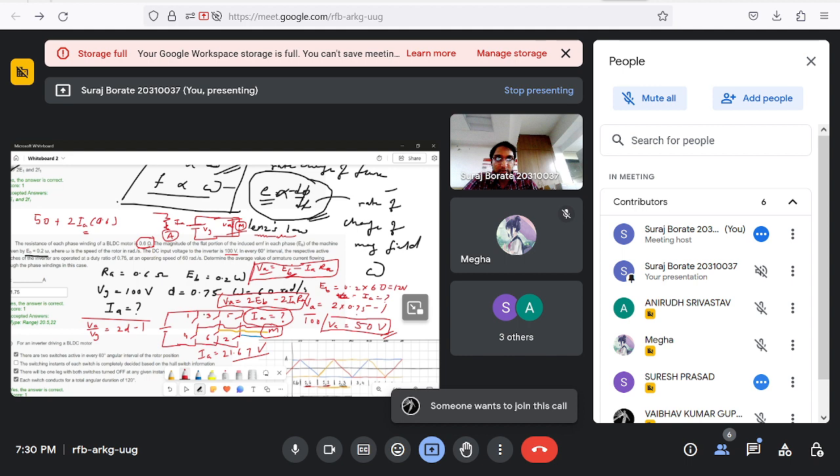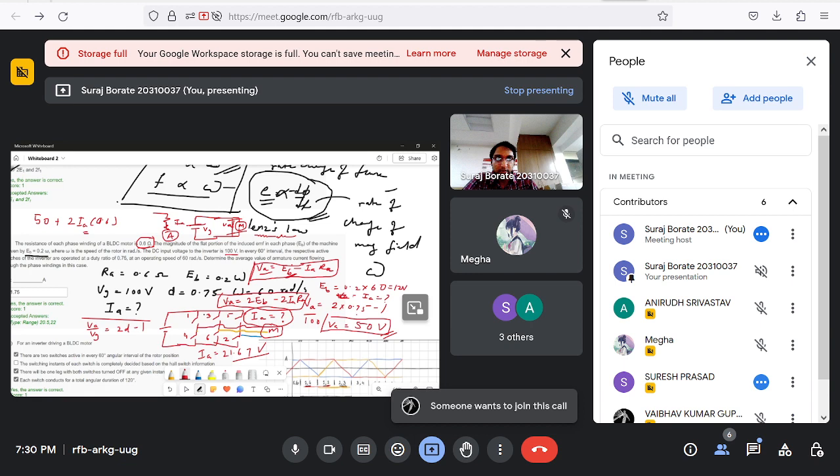The number of poles is less. If the number of poles is less, what will happen? By this formula, it is important. If the number of poles is less, the speed will be high, and that is what we want. Why?